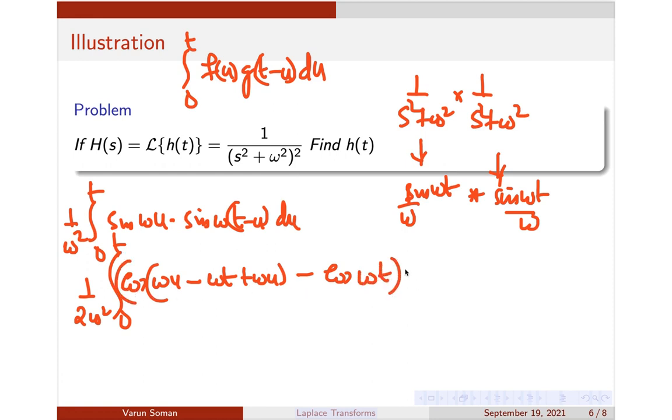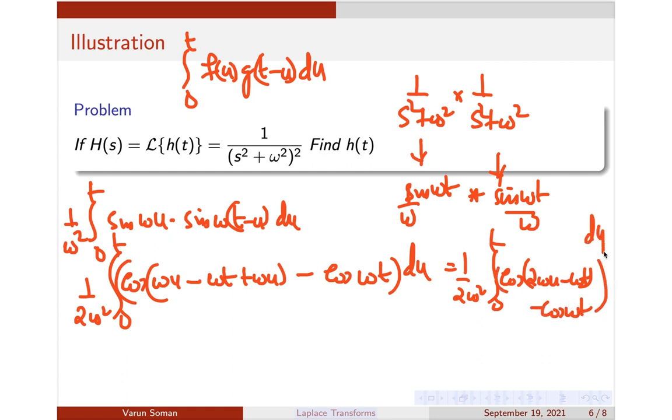Straightforward integration. So it is simply 1 by 2 omega square integral 0 to t of cos 2 omega u minus omega t, and the second one is simply minus cos omega t, du. You can integrate it.